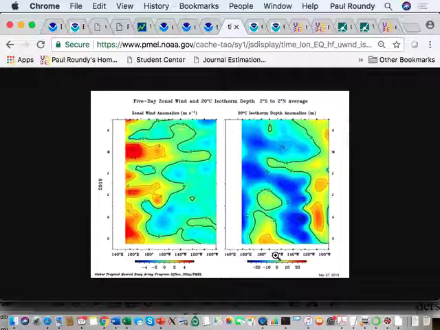The result is a resetting of the MJO condition in a different location, and if it happens to skip a westerly phase over the Pacific because of something like this, so that you get an easterly phase and then a new easterly phase, in that case, the net effect on the ocean in moving conditions away from warm conditions would occur.